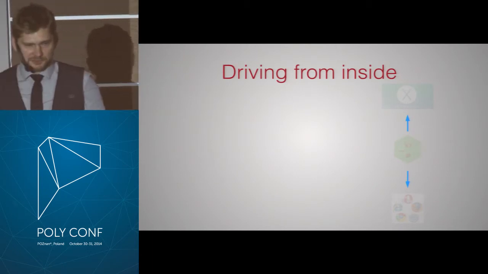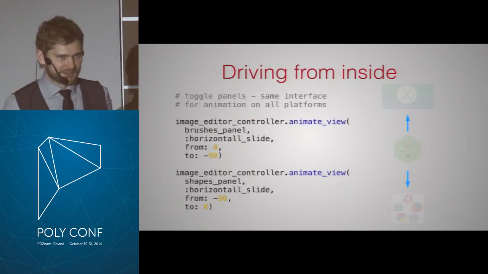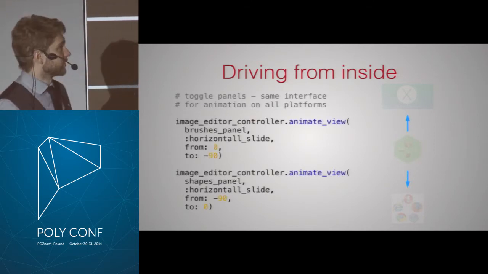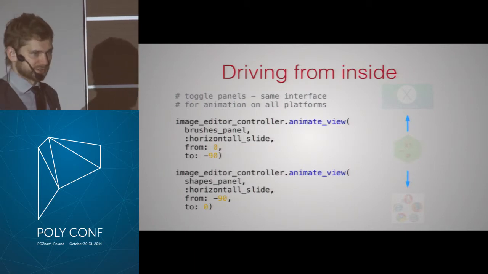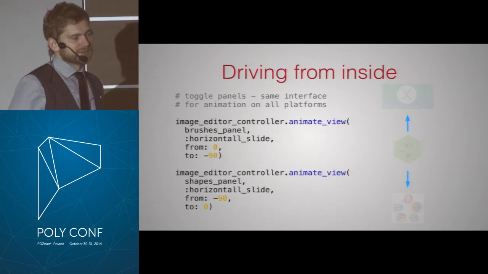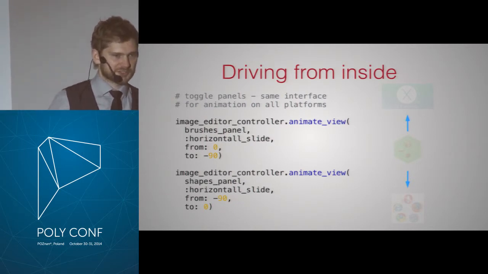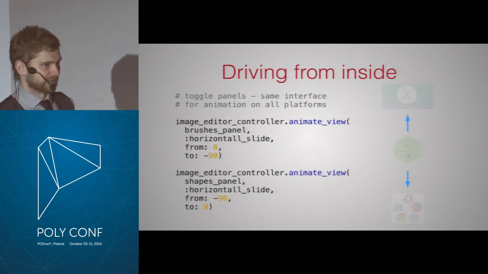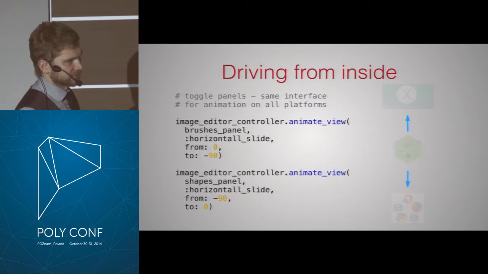The other type of interaction is driving your application from inside. This is when your cross-platform code is issuing orders to your application. So let's say you have a wizard or some kind of interaction that you have in common in Android or iOS, and you can encapsulate that.